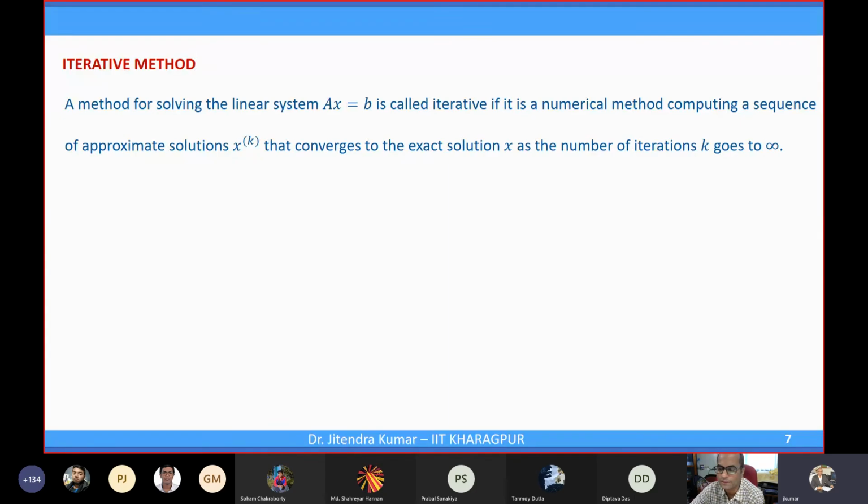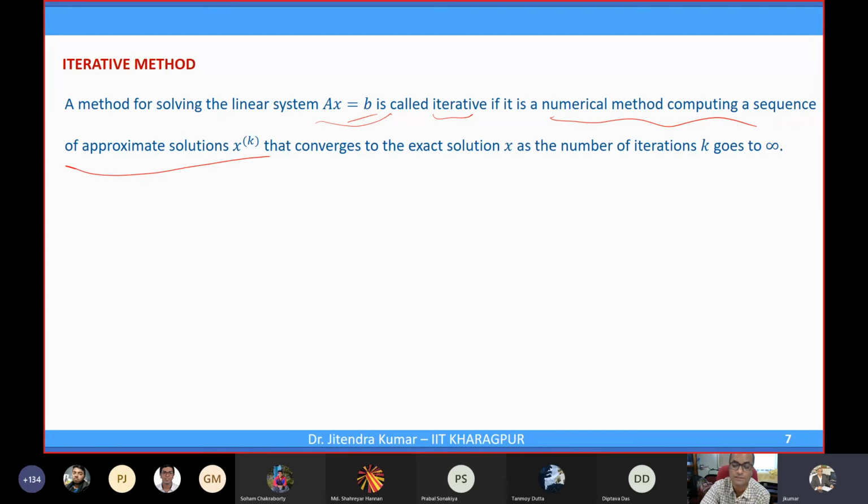A method for solving a linear system is called iterative if it is a numerical method, computing a sequence of approximate solutions that converge to the exact solution x as the number of iterations k goes to infinity.